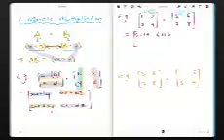Now I'm going to go with my second row and my first column. 3 times 5 is 15, plus 4 times 7 is 28. Then my second row and second column, 3 times 6 is 18, plus 4 eights are 32.